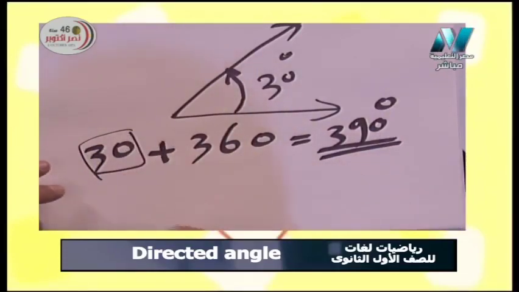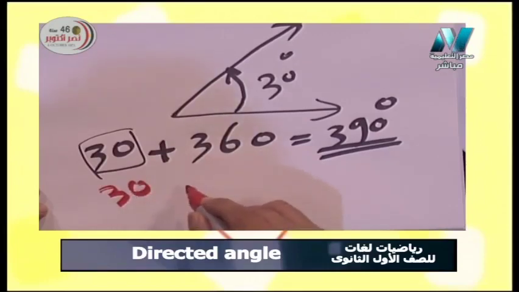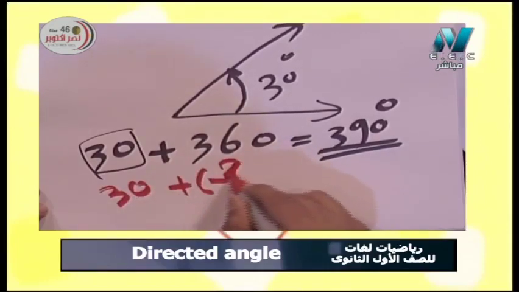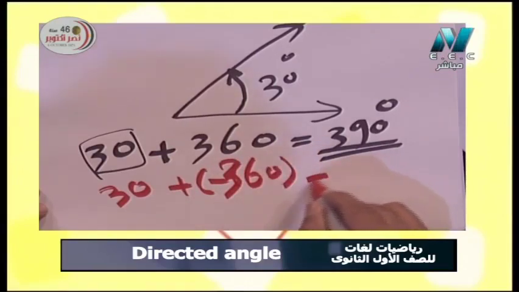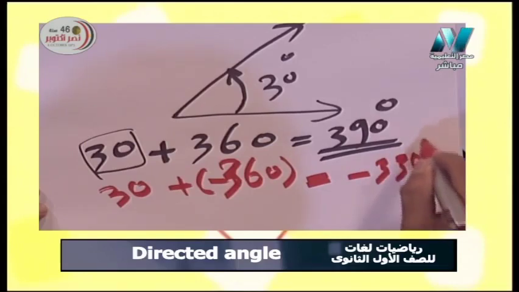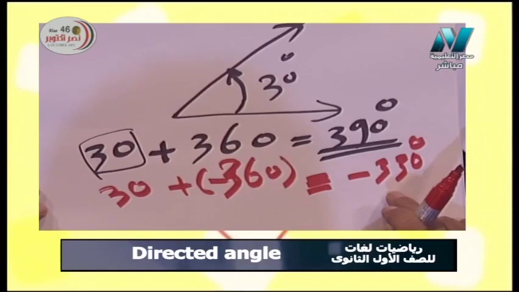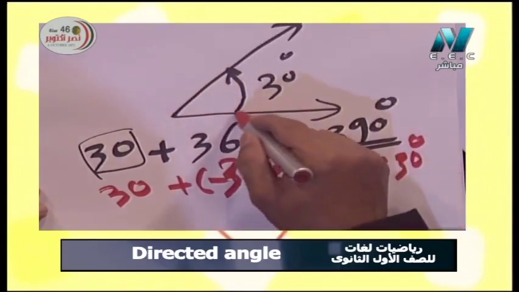30. And if we want to find another coterminal angle, we add 30 plus negative 360. The answer will be negative 330 degrees. So the angle negative 330 degrees is a negative coterminal angle, or negative equivalent angle, to the angle 30.